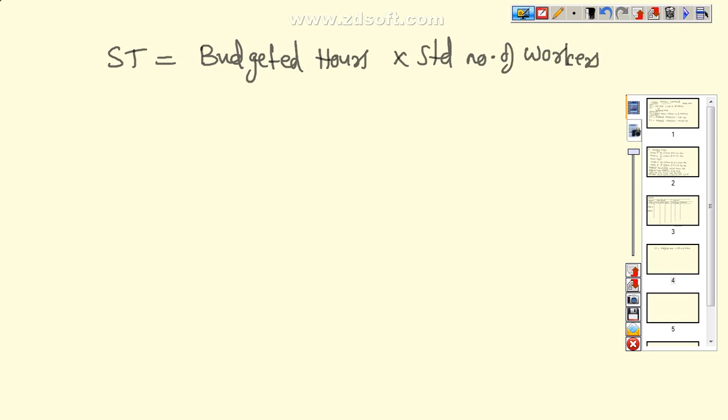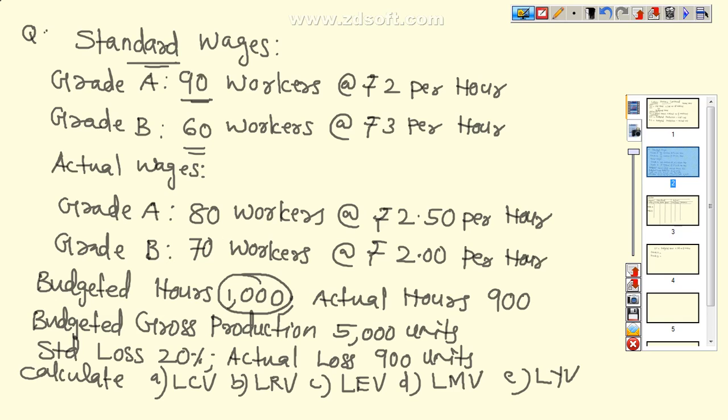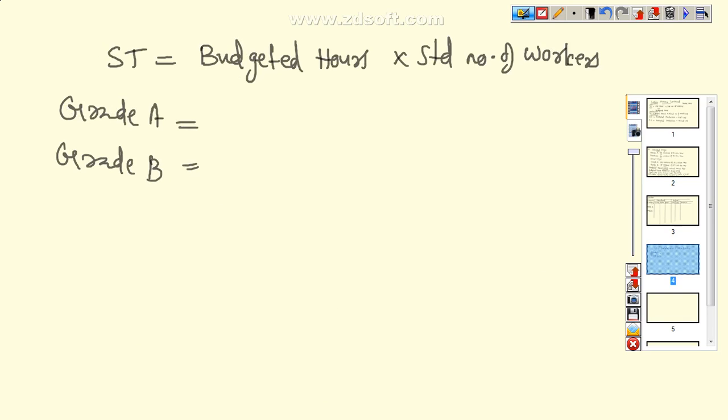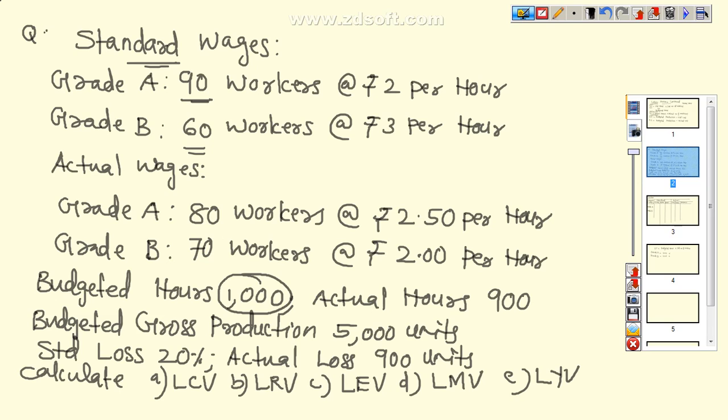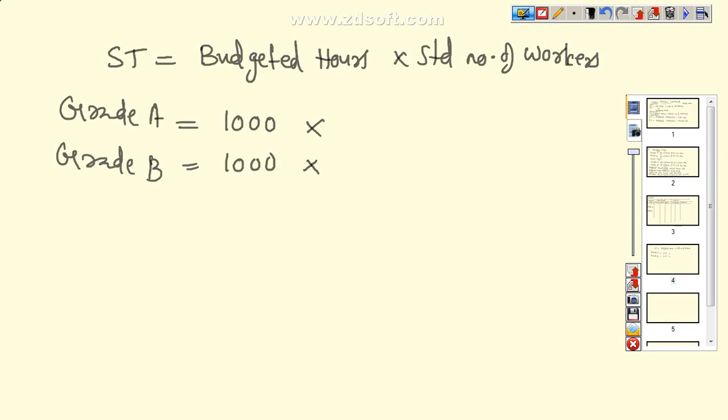There are two grades of workers, grade A as well as grade B. According to the question, budgeted hours is 1000, so we write 1000 for both, multiplied by the number of workers in standard, 90 and 60. So for grade A it is 90, and for grade B it is 60, that is equal to 90,000 and 60,000.